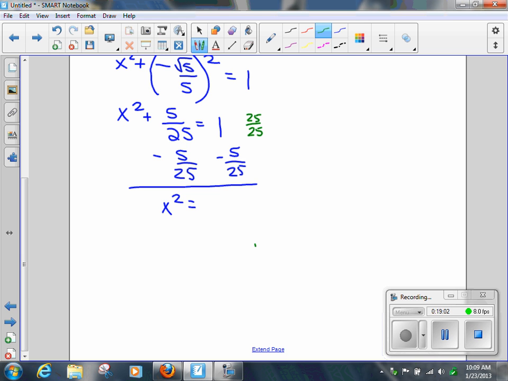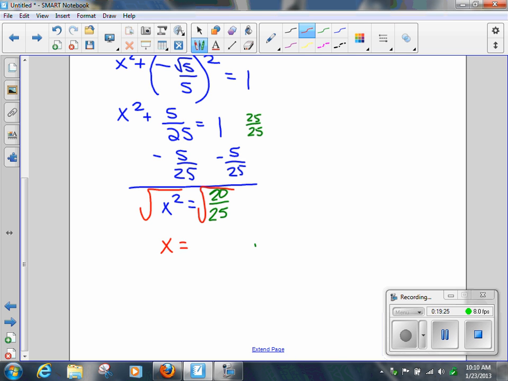Think 25 over 25. Remember, fractions are your friends. What's 25/25ths minus 5/25ths? 20 over 25. What now? Square root of both sides. Do you understand why I wanted you to leave the denominator as 25?